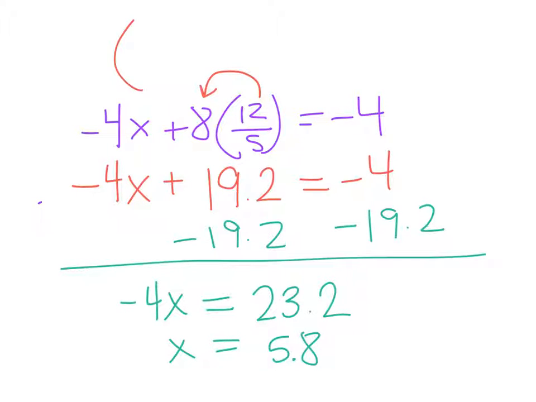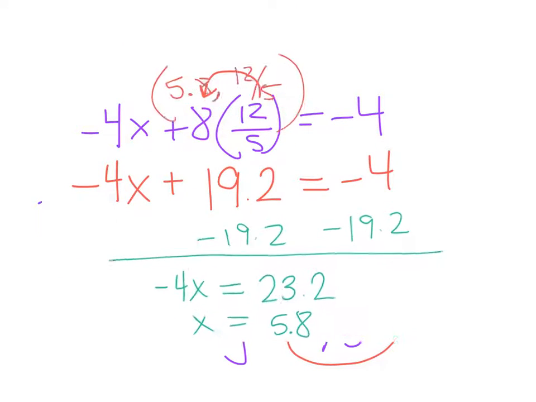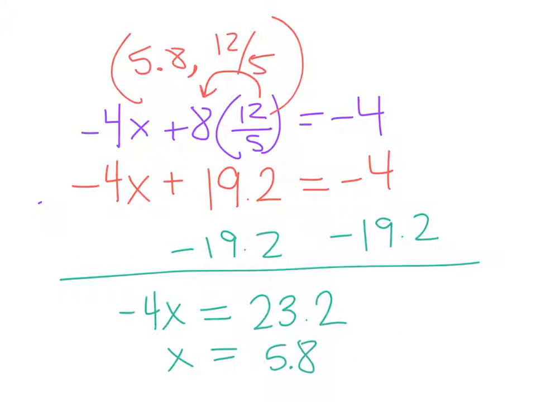So my answer would be 5.8, comma, 12/5. Or you can say 5.8, comma, 2.4. That's fine. Both are the correct answer. So as you can see, there's a lot of math going on here. There's a lot that we had to solve. We had to solve for y and then use y to solve for x.